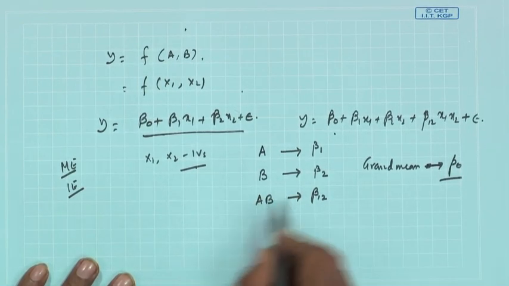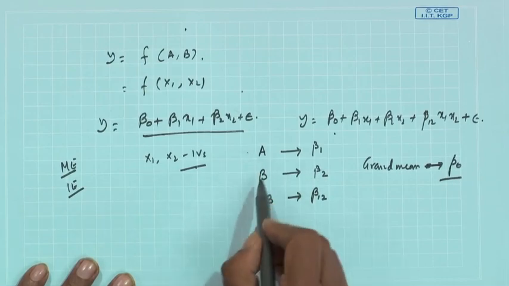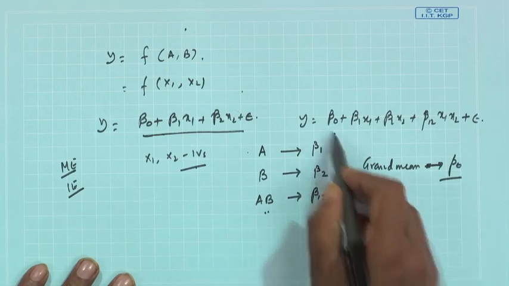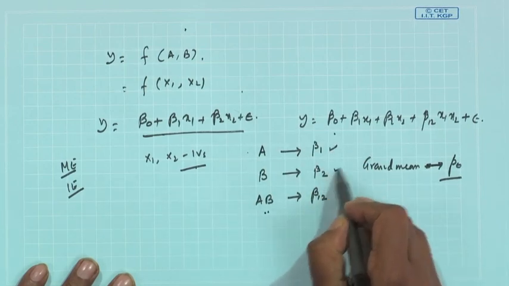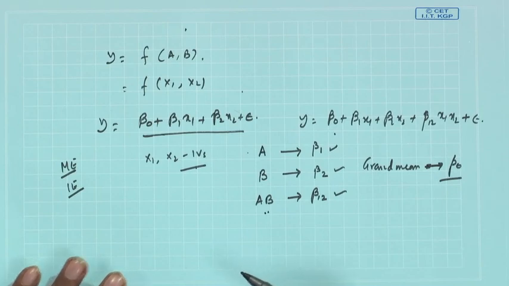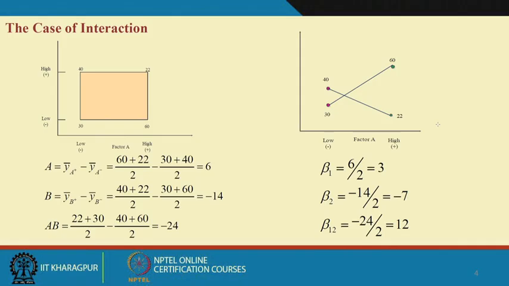So, as you have seen that you have estimated A, B main effect and interaction effects, can we get an estimate for the regression coefficient? Interestingly, it is there. For example, if you take this case, A is 6, but what is this?